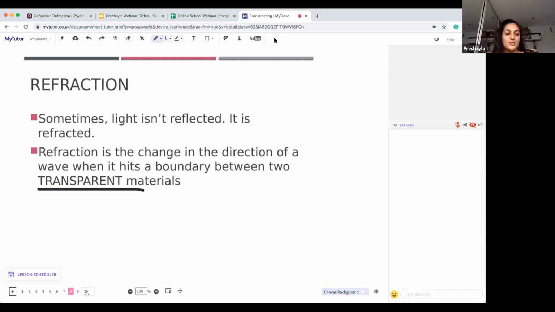Refraction doesn't happen between the table and the chair. Okay, that's not refraction. Refraction must be to do with transparent materials, and that is commonly taken to be air, glass, or water.